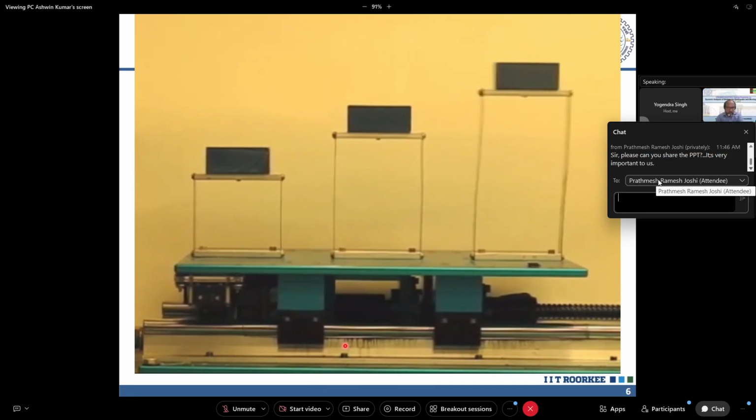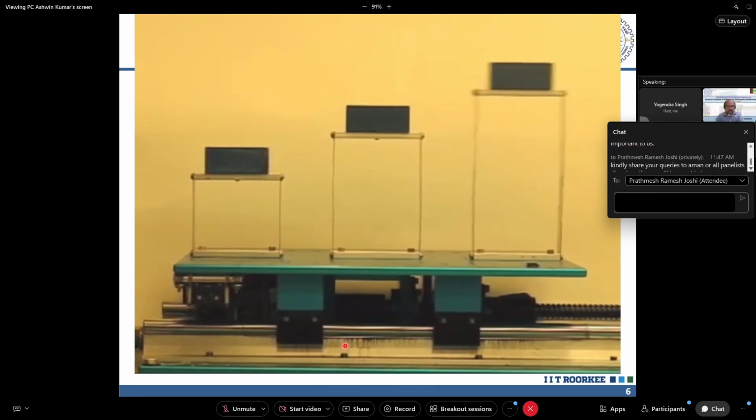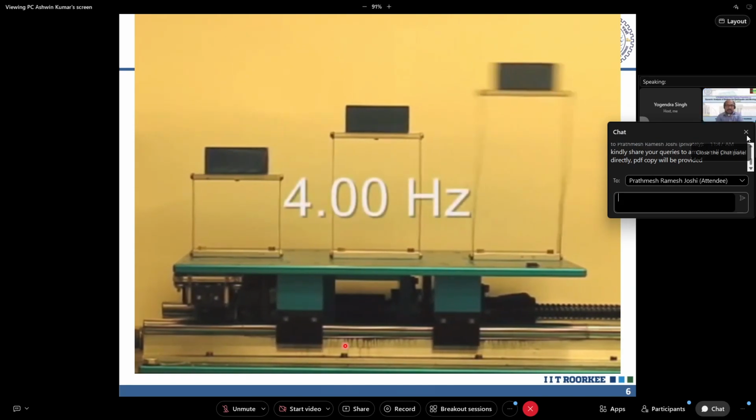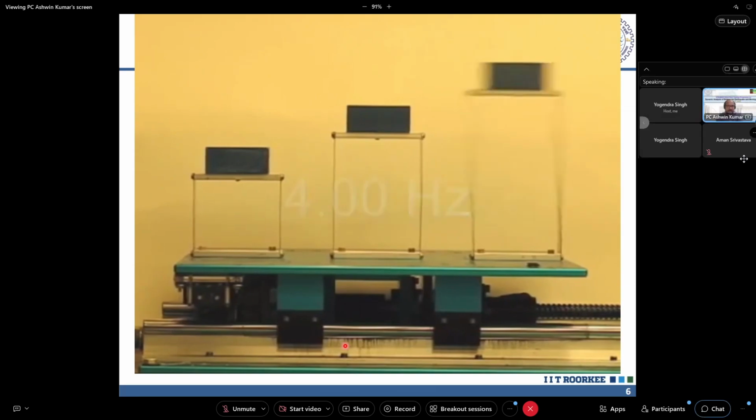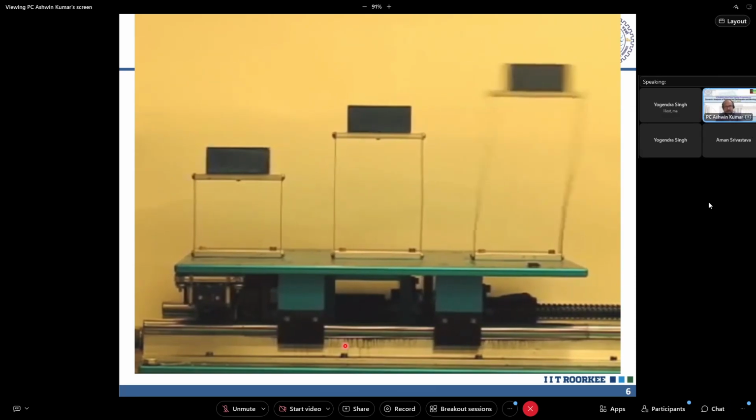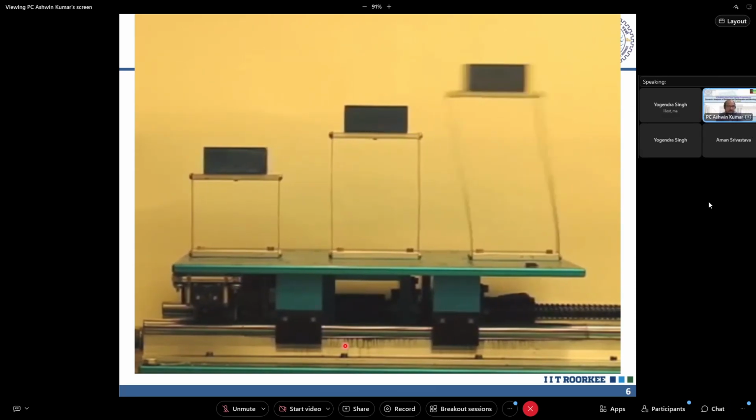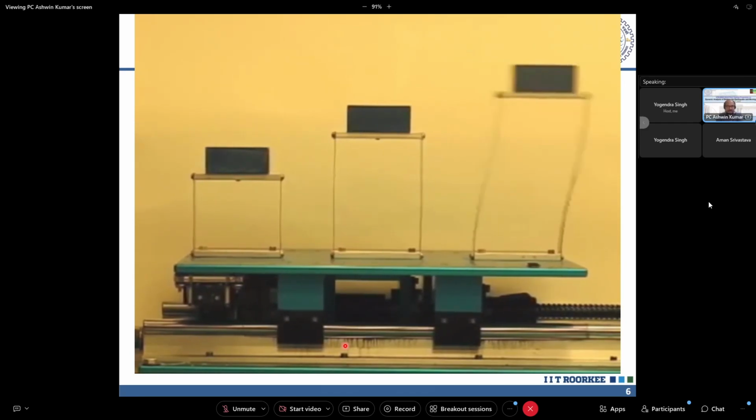He's slowly increasing the frequency of the motion of the table. You can see at 4 hertz, suddenly the extreme right one is vibrating in a more agitated fashion. If you measure the deformation, it will be very high at 4 hertz.